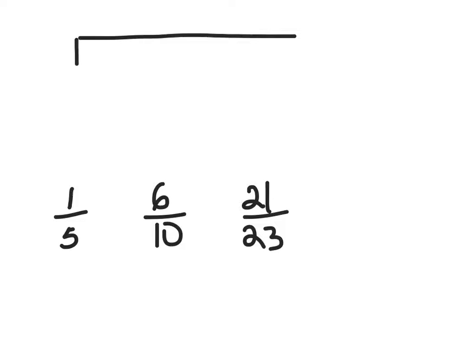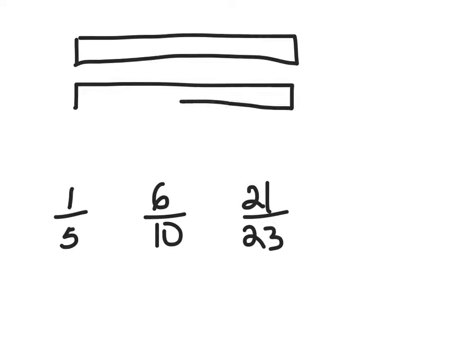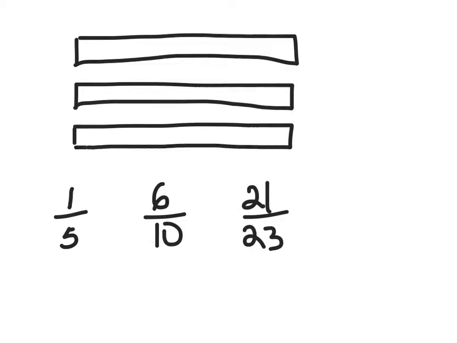So I could draw 3 equal sized bars, and I would suggest using a bar for these instead of a circle, just because I think that the bars are easier to compare piece to piece. And you can just split those up. So there's our fifths. There's our tenths. So if we have 1/5, there's 6/10.